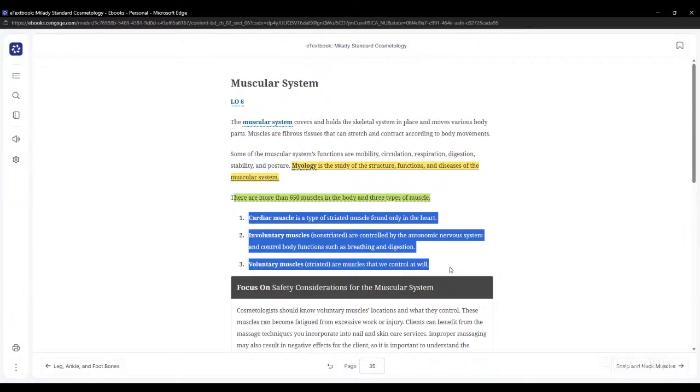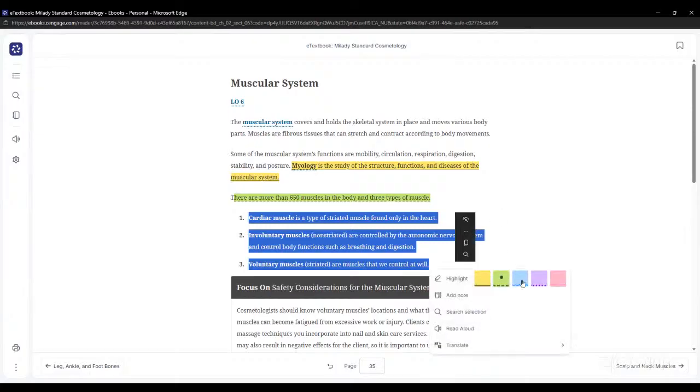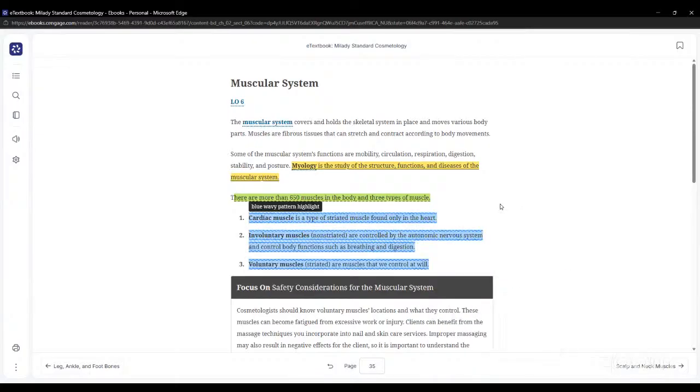Our cardiac muscle is the heart, period. Okay, that's the heart. It's the only muscle of its kind. It's in the heart. All right. Involuntary muscles are controlled by the autonomic nervous system. So the brain controls these muscles. Okay. They control body functions such as breathing and digestion. So involuntary means that you don't have to do any work.